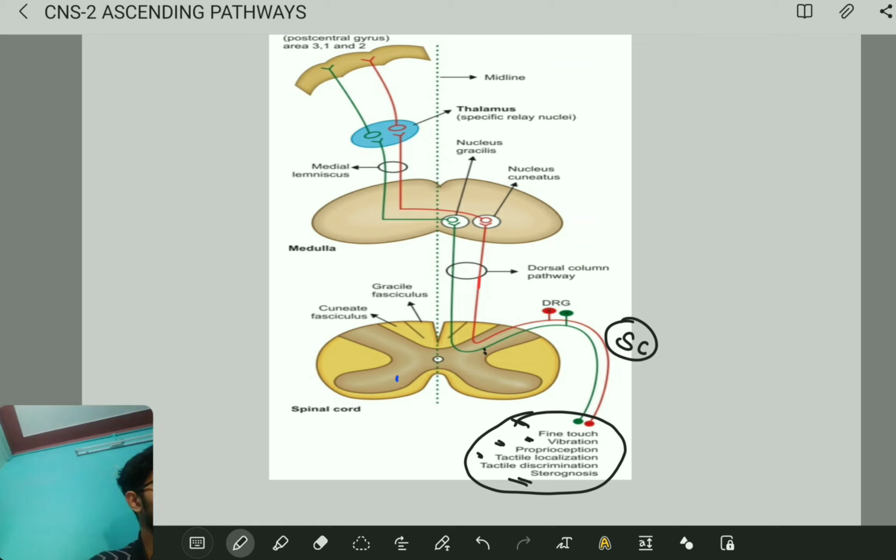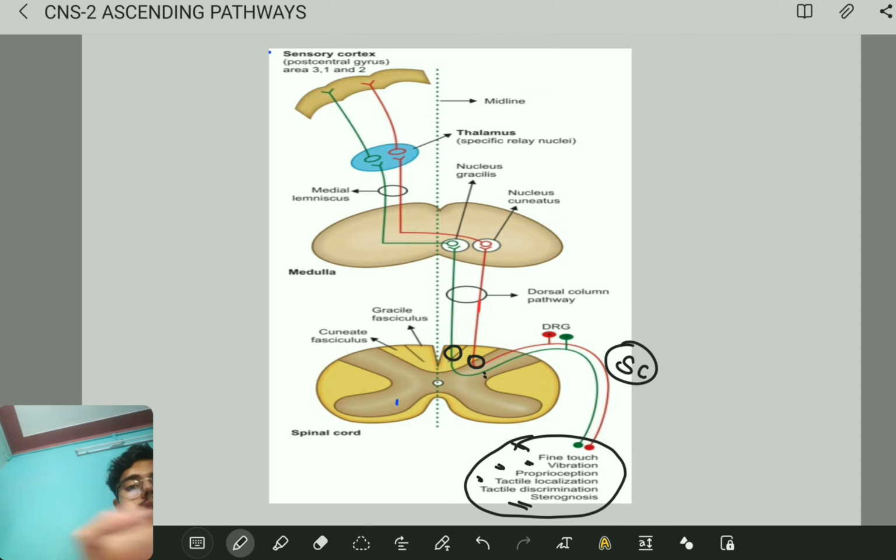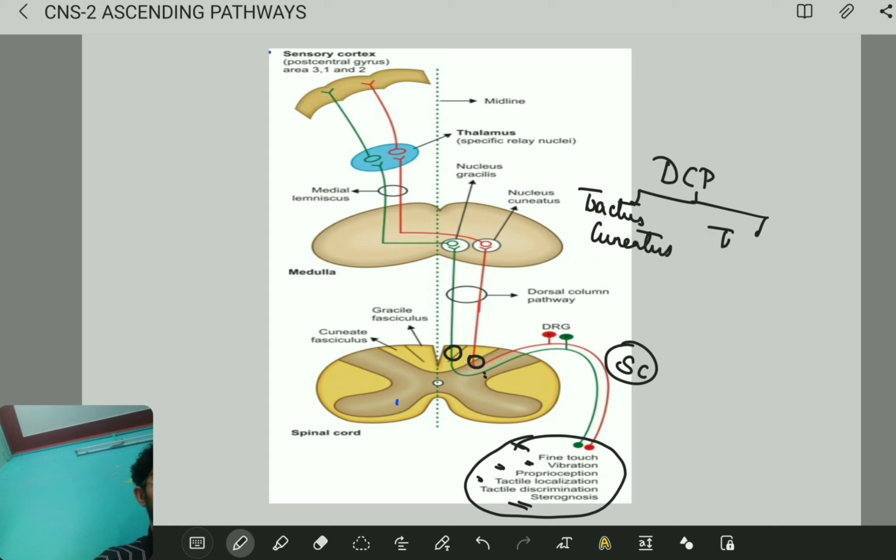So we have first order neurons. Okay, now they are moving to where? This location is called tractus cuneatus and tractus gracilis. Okay, so here we are having the dorsal column pathways, and in the spinal cord we are having tractus cuneatus and tractus gracilis, right?